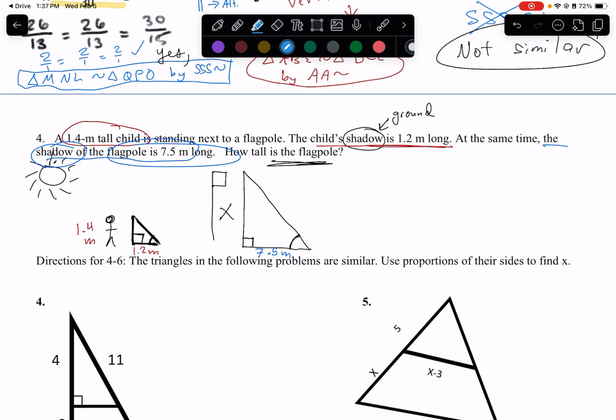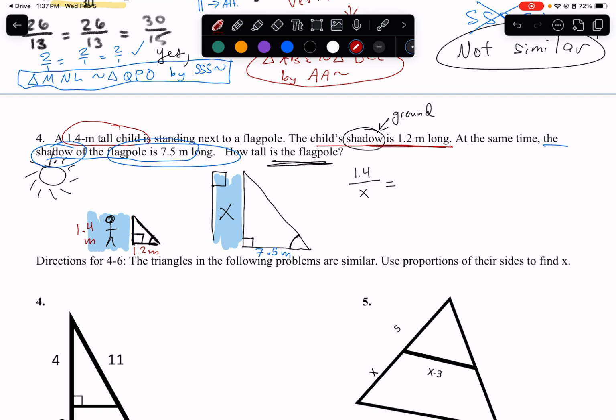What we're going to do is put similar measurements in the same spot in our fractions. I like to do height over height equals shadow over shadow. That's my personal preference. So I'm going to take the height of the person, the child, divided by the height of the flag, just because I like to go left divided by right. So 1.4 divided by X equals.